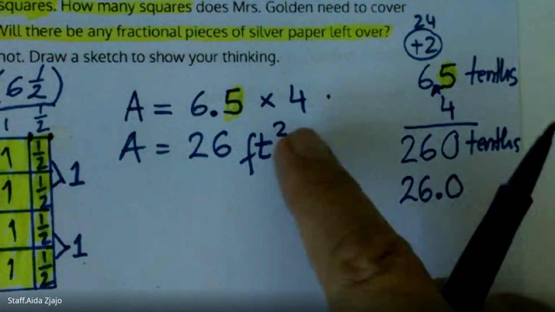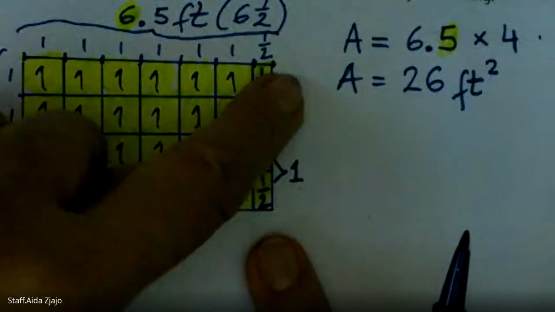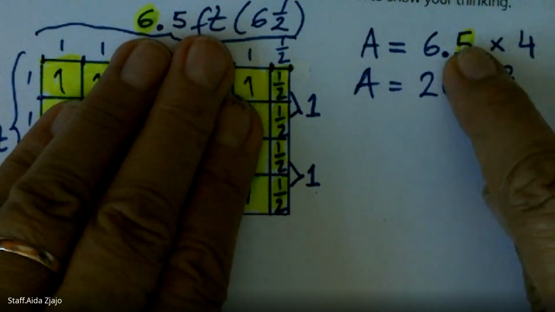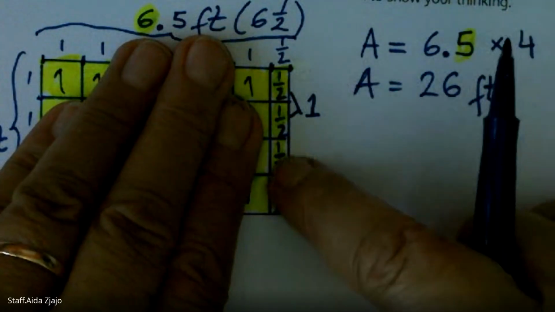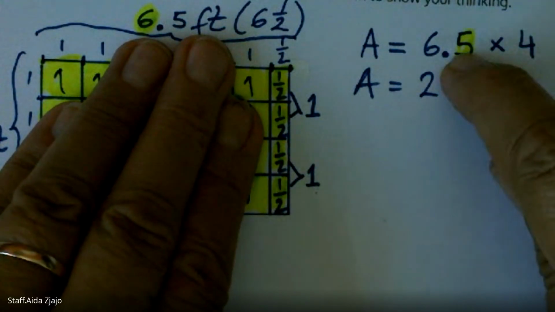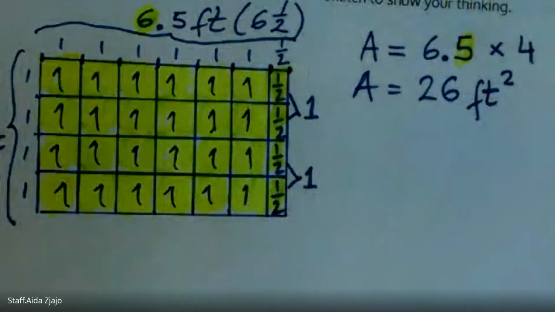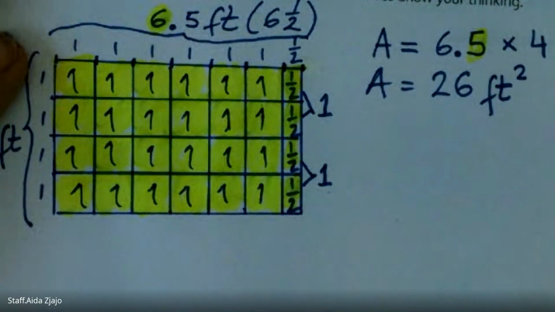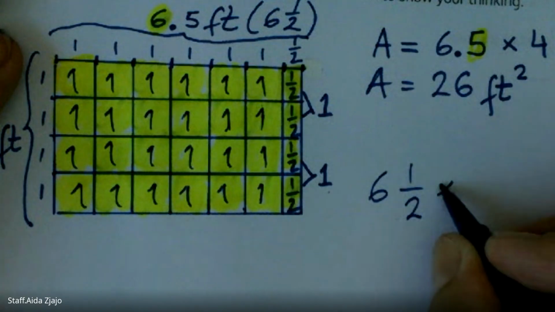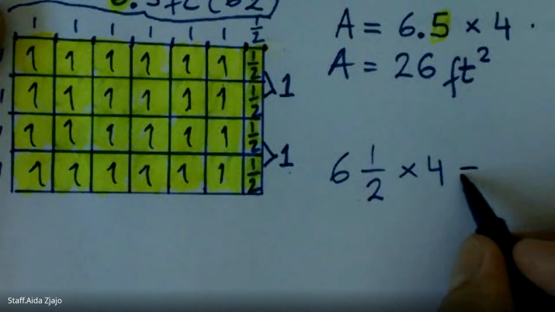You could also think about this. 6 times 4 is 24, and 4 times half. 1, 2, 3, 4 times half. Half plus half plus half plus half. 4 halves is 2, and that makes 26. That's another way to see it. You could think about 6.5 times 4, and use the distributive property.